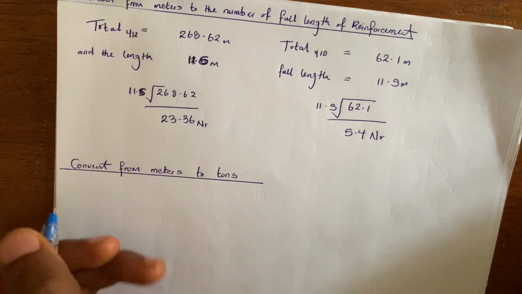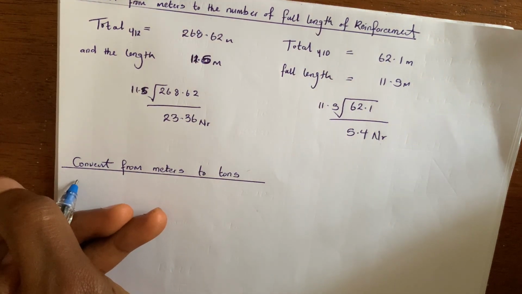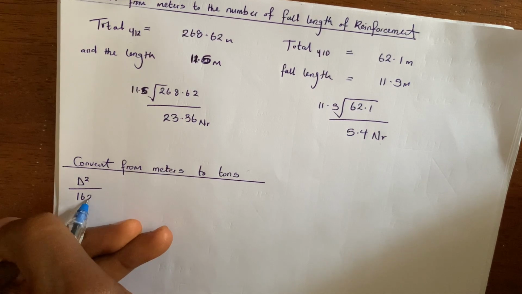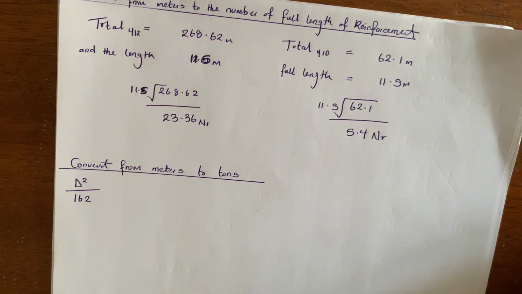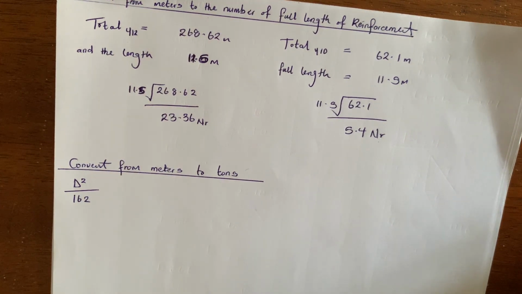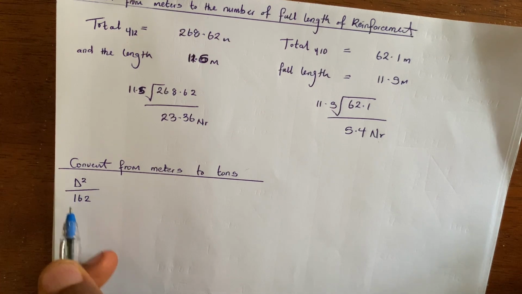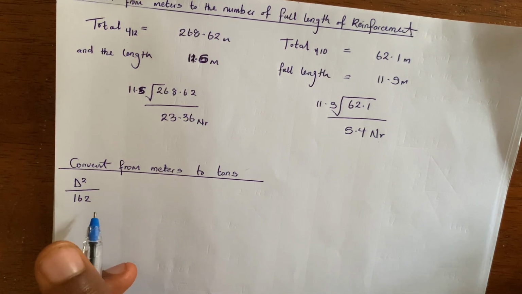To get your constant, the formula is D square all over 162. So this is the formula you are going to be needing to derive the constant for a particular bar. D stands for the diameter of the bar.